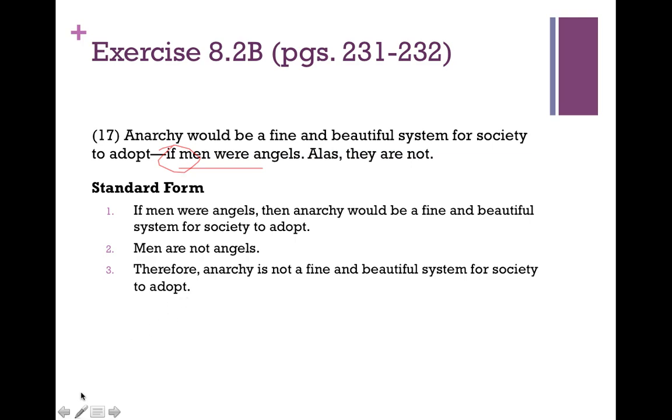Now, look at what this argument is doing here. It seems like it's a perfectly reasonable argument, right? If men were angels, if, our P, then anarchy would be fine and beautiful, Q. Not P. Therefore, not Q. And what are we doing here?